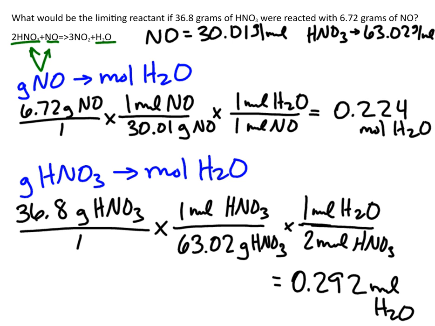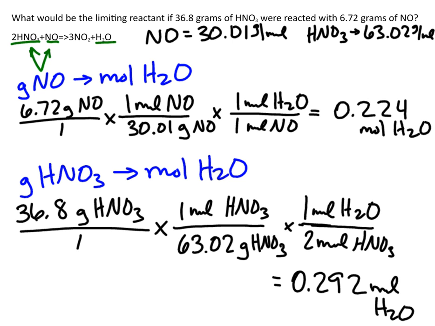Now, analysis, what does this mean? This means if I mixed up 36.8 grams of nitric acid and reacted it with 6.72 grams of NO, nitrogen monoxide, I would end up making a certain amount of water. And I just chose water. Like I said, you could have done the same thing but used nitrogen dioxide, the other product.